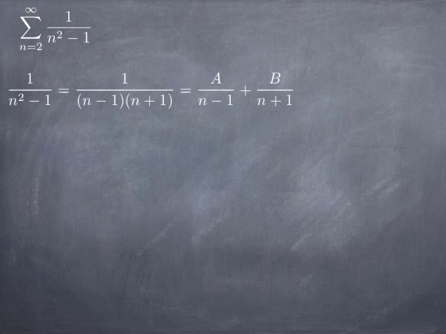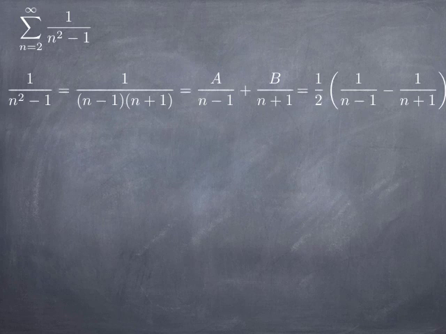To find a, we multiply everything by n minus 1, set n equal to 1, and we get 1 half on the left-hand side and just a on the right-hand side. And for b, we multiply everything by n plus 1, set n equal to negative 1, and we get negative 1 half on the left-hand side and b on the right-hand side. Therefore, the decomposition can be written as 1 half multiplied by 1 over n minus 1 minus 1 over n plus 1.